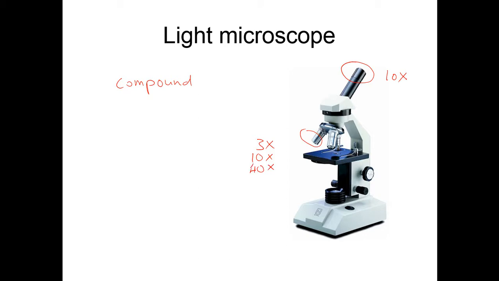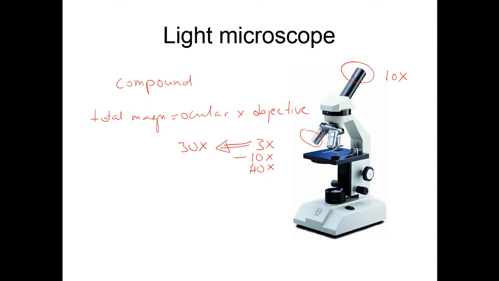How do we figure out the total magnification? Magnification equals the ocular times the objective. So if I have 3 times magnification at the objective and 10 times at the ocular piece, the total magnification is 30.